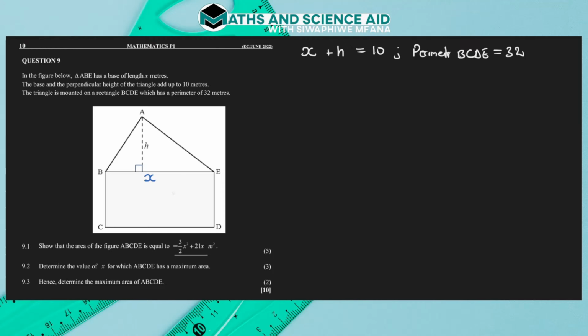So we can obviously see that this figure is formed by two basic shapes, a triangle as well as a rectangle, meaning that to answer 9.1, we can simply say that the area of ABCDE will be equal to the area of triangle ABE plus the area of the rectangle BCDE.